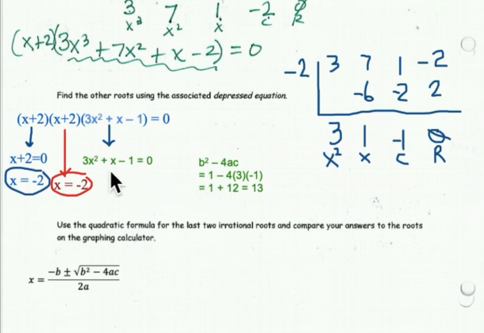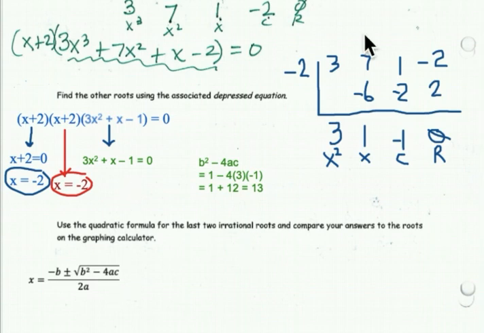I know that because when I compute the discriminant, b squared minus 4ac, I get 1 minus 4 times 3 times negative 1, which is 1 minus negative 12, or 1 plus 12, which is 13. And so the number that goes under the radical sign is not a perfect square, which means I'm going to have irrational roots for the last two roots.